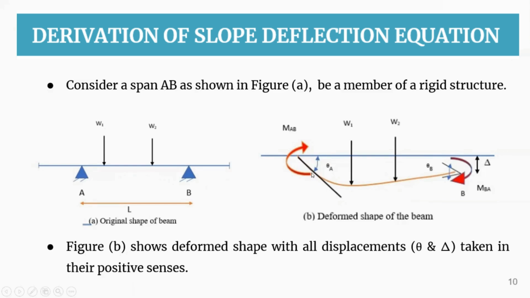That means we have taken a clockwise rotation and delta to be positive. And the moments that are developed at A and B, we also consider to be clockwise moments only. So MAB and MBA are also in the positive direction only. Our final aim is to find the MAB and MBA relationship in terms of theta and delta.